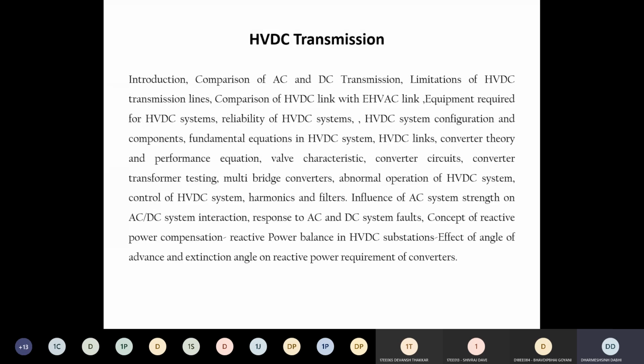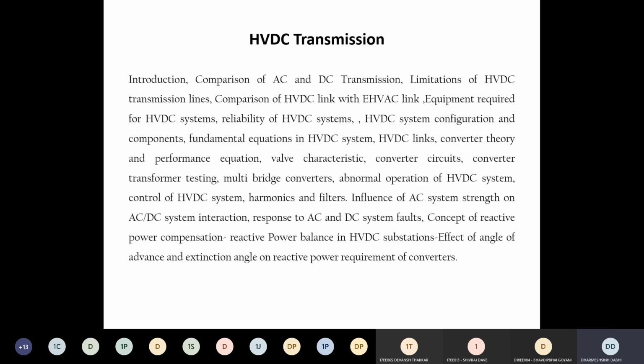We also understand the characteristics of harmonics and what type of harmonics we must handle. Then the influence of AC system strength on AC-DC interaction, which we also studied: suppose any fault happens in the AC line, what is the effect of that fault on the DC line, and what corrective actions have we taken in the HVDC line for protection.